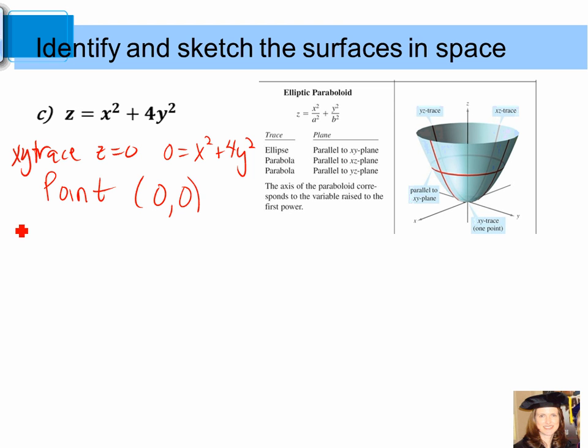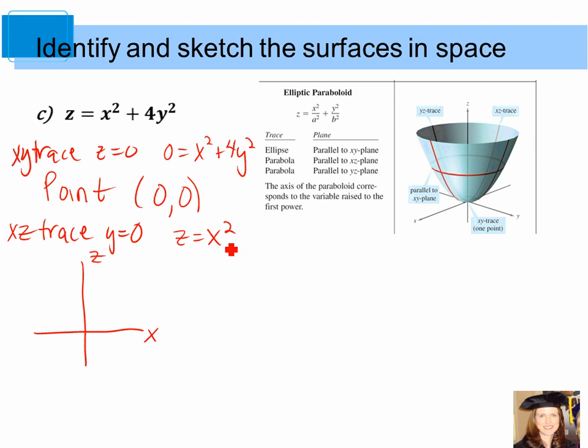Let's do the xz trace. For the xz trace, you let y equal 0, and your equation becomes z equals x squared. We're going to sketch this using an x-axis and a z-axis in 2 dimensions.